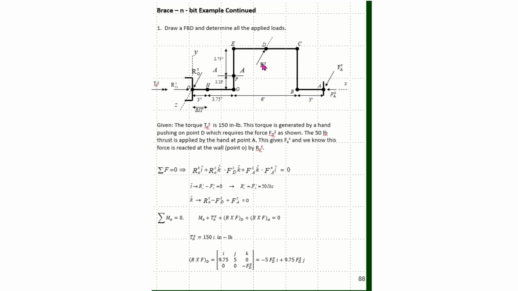Then I go plus 5 inches in the Y direction, and I go 0 inches in K. The only force I have acting at point D is FDZ, and it's actually acting in a negative direction. So I have 0 in X, 0 in Y, and minus FDZ in the K. Solving this cross product, I get this expression here.